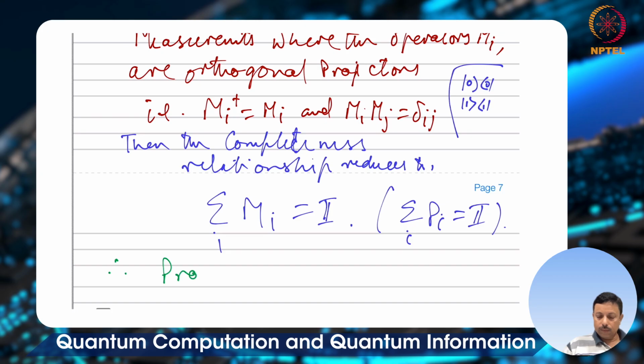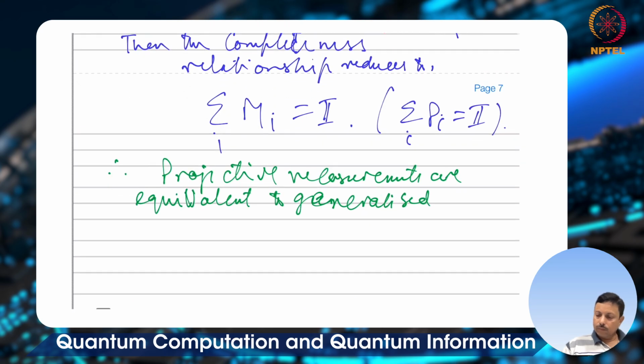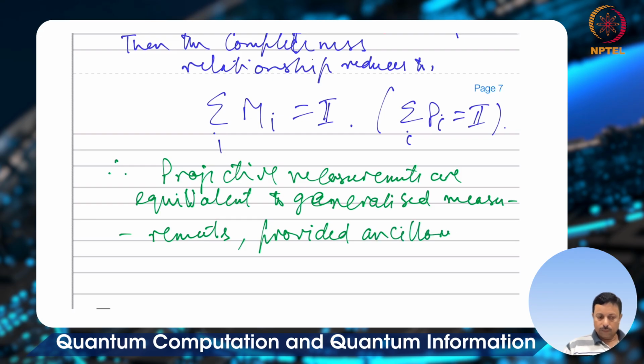So projective measurements are equivalent to generalized measurements provided ancillary qubits are added.